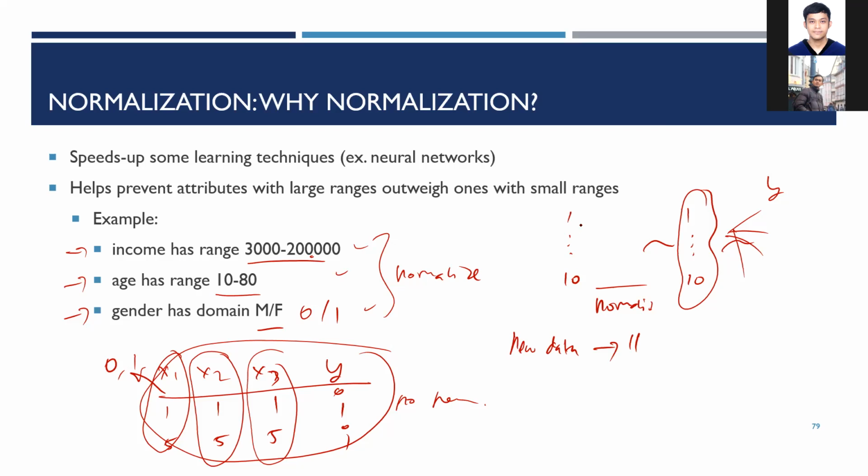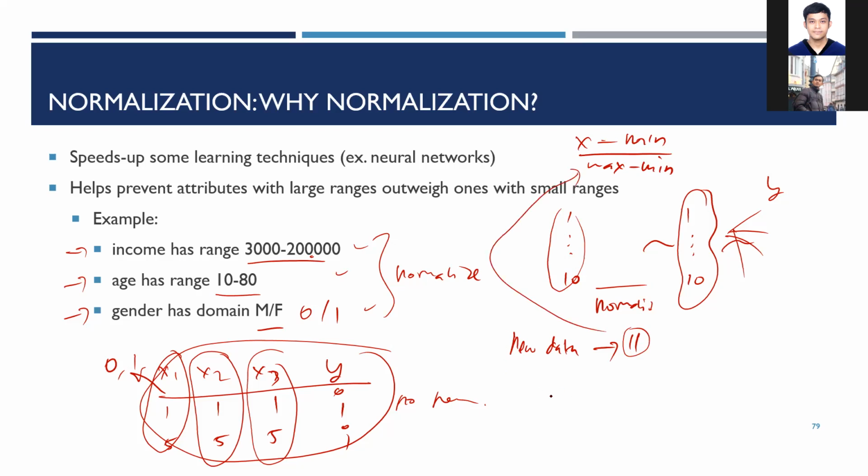So in this equation, x minus mean, max minus mean, the minimum value is the minimum from 1 to 10, and the maximum value is the maximum from 1 to 10. But how about the new data, number 11? It is not included in this equation, right?